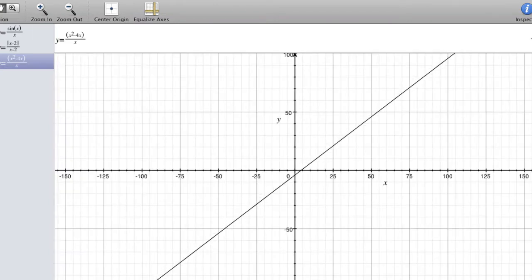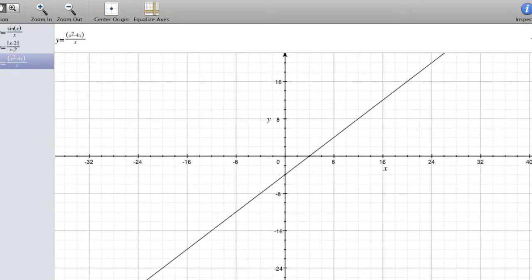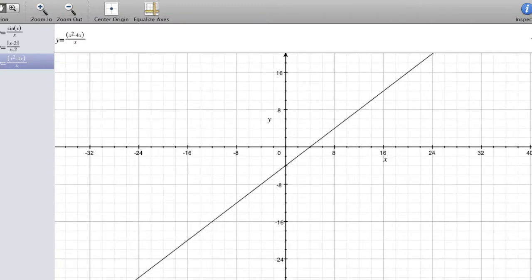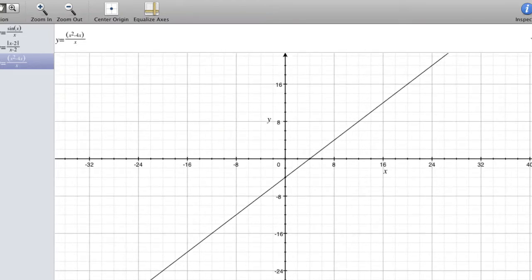This looks exactly like a linear function. And obviously we don't see the hole because it's not capable of showing us the hole, but it's not defined here at 0. So let me just try to show you what's happening.